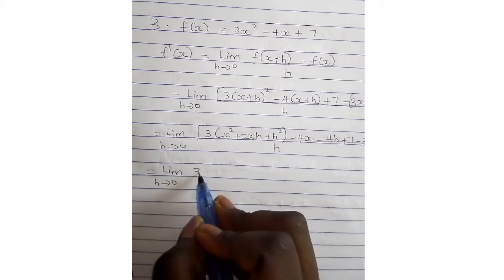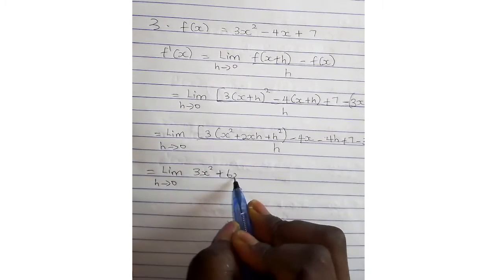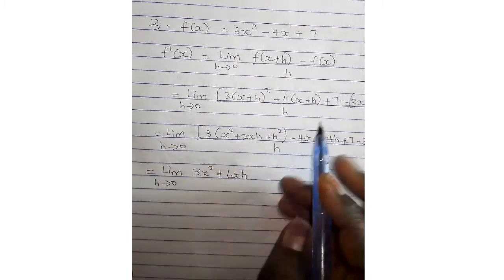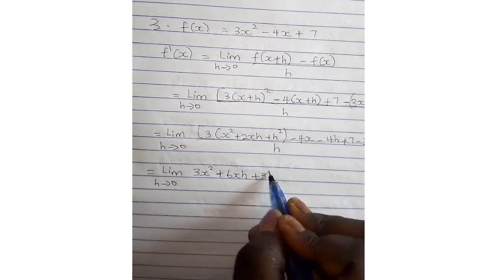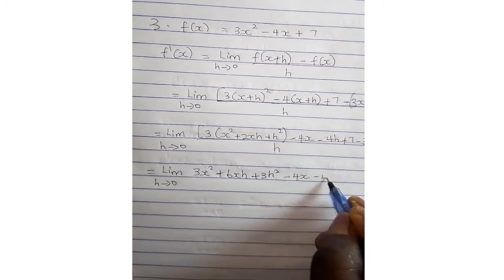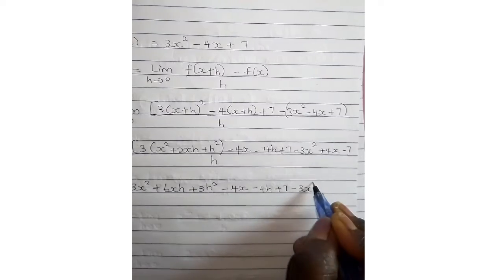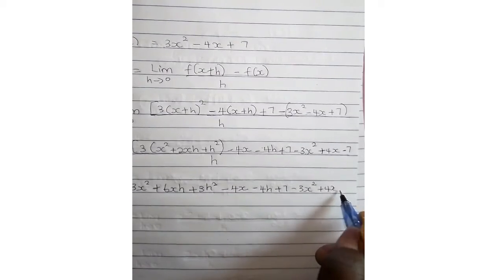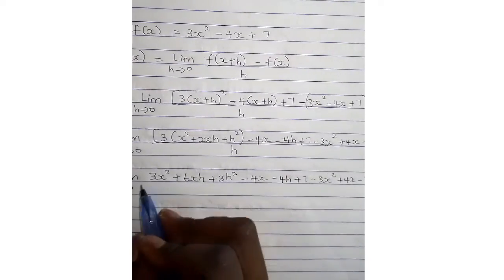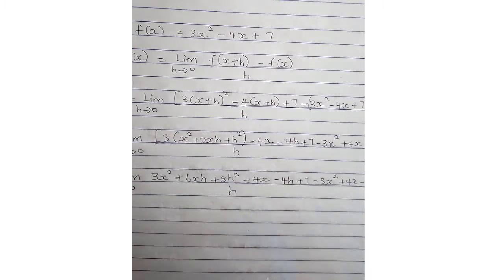So by opening this bracket, we're going to have the limit as h approaches 0. We're going to have 3x squared. 3 times this is going to give us 6xh. 3 times this is going to give us plus 3h squared minus 4x minus 4h plus 7 minus 3x squared plus 4x minus 7 all over h.